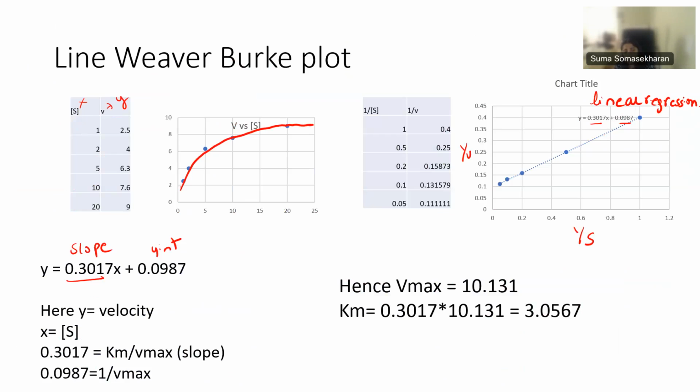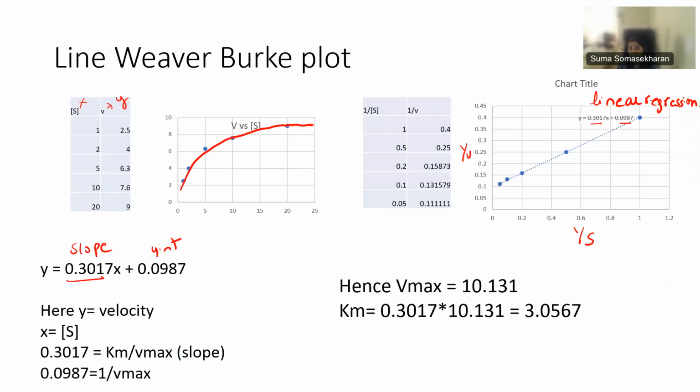The slope is equal to Km over Vmax, and the y-intercept is equal to 1 over Vmax. So I can now solve for Vmax by taking the reciprocal of this number, and I get 10.131, and I can solve for Km by multiplying 0.3017 by Vmax 10.131, and I get the value of 3.0567.